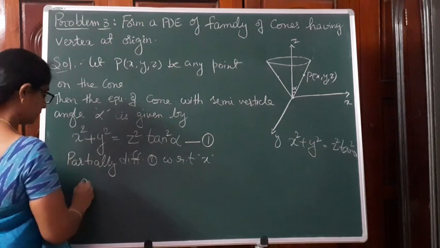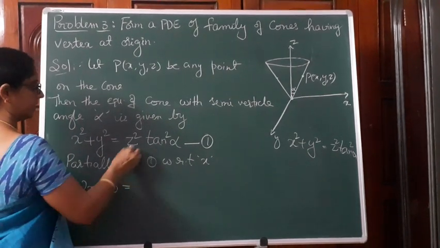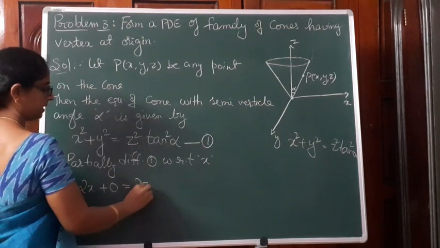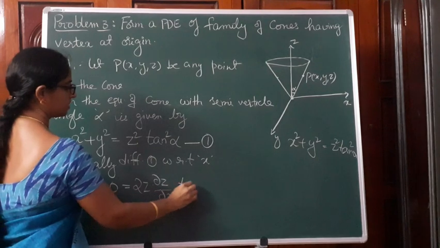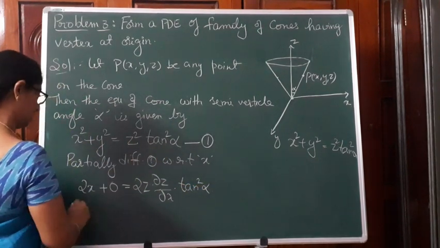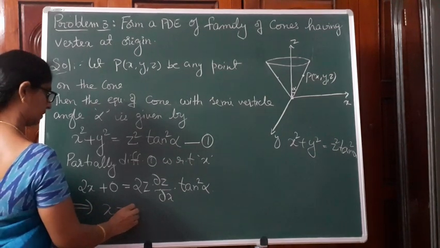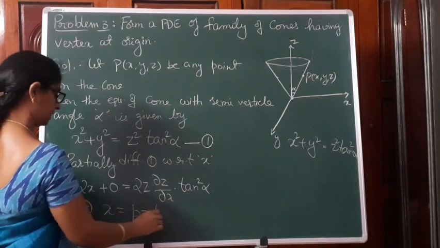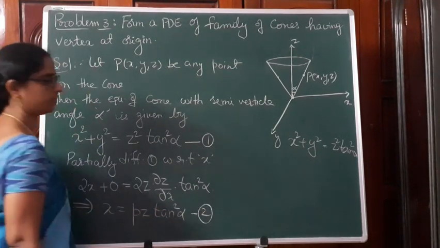Then what do we get? 2x plus derivative of y square is 0, is equal to derivative of z square, which is 2z into dou z by dou x, into tan square alpha. Tan square alpha is constant. So what do we get? x is equal to pz into tan square alpha. Call this equation 2.